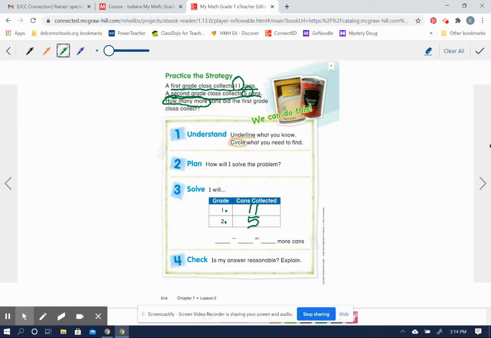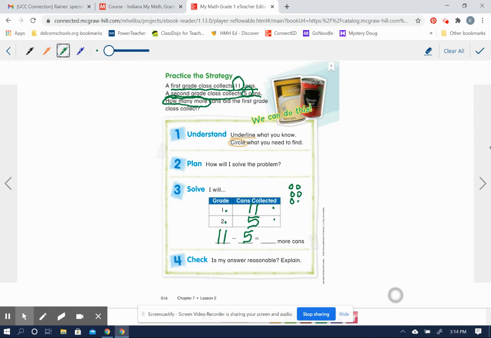Which number needs to go before the minus, the 11 or the 5? I hope you said the 11 because it's the bigger number. The bigger number always has to go before the minus. And so then the 5 is going to go here.